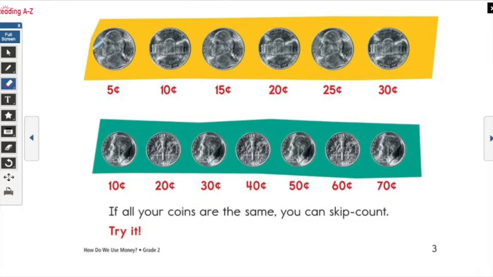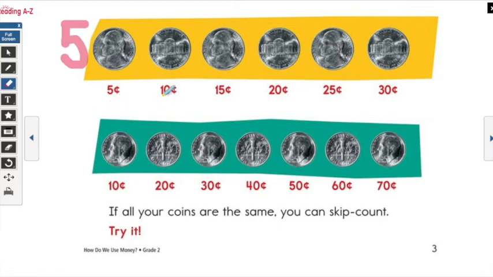Up here, we have all nickels, and a nickel is worth 5 cents. So we can go ahead and skip count by fives.